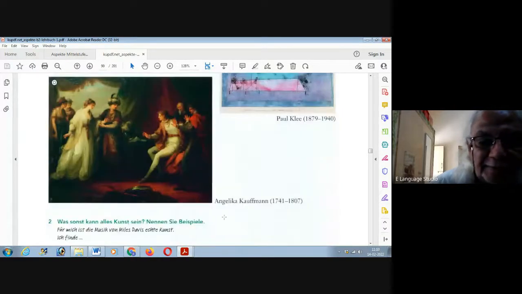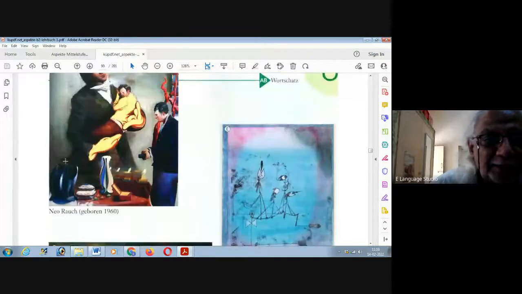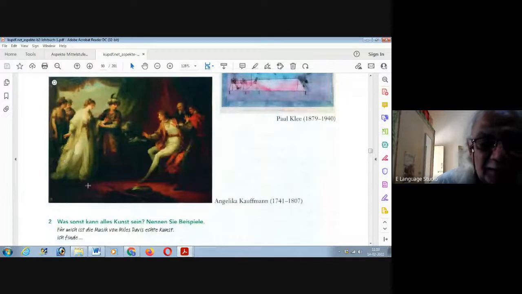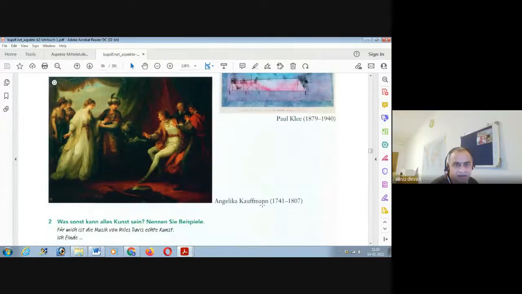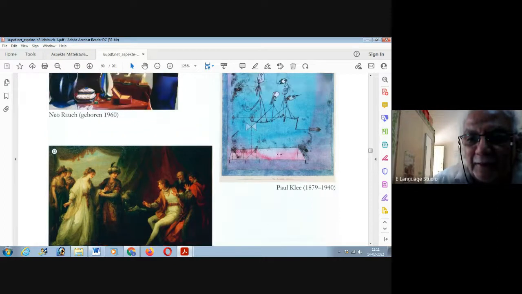Nein? Aber Angelika Kaufmann, eine Künstlerin. Die sind sehr selten, dass Frauen auch bekannt werden durch Malerei. Oder Paul Klee, ein sehr berühmter deutscher Maler und Künstler.